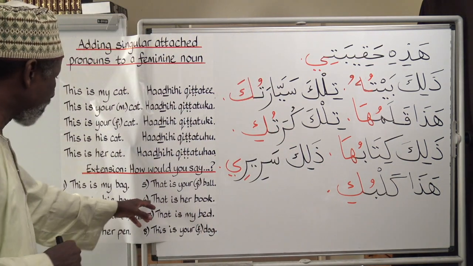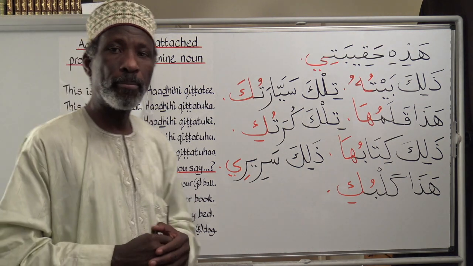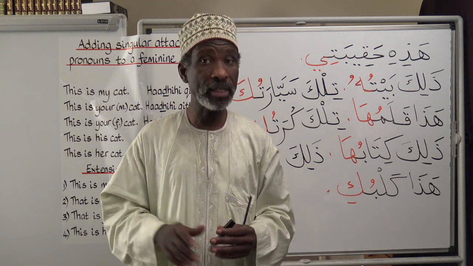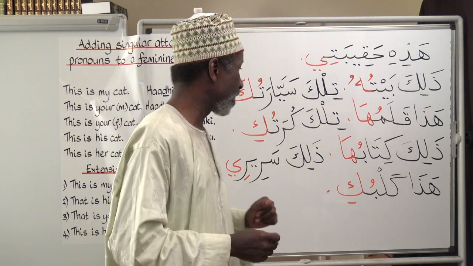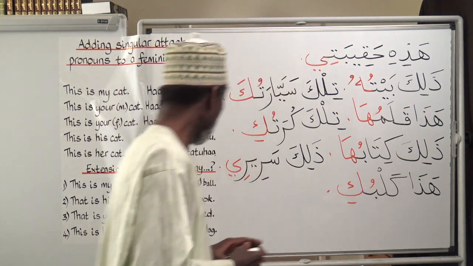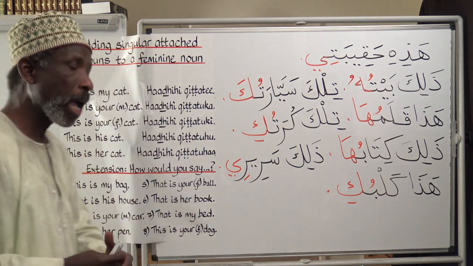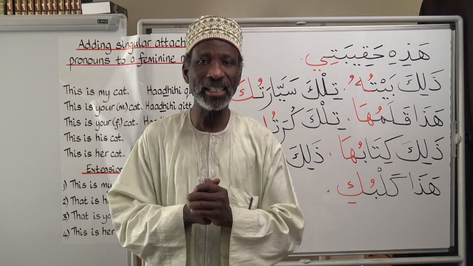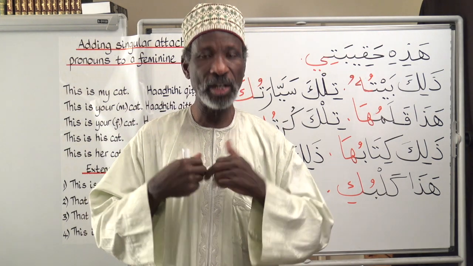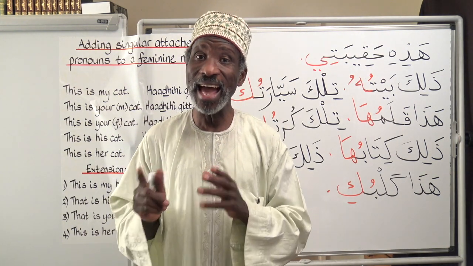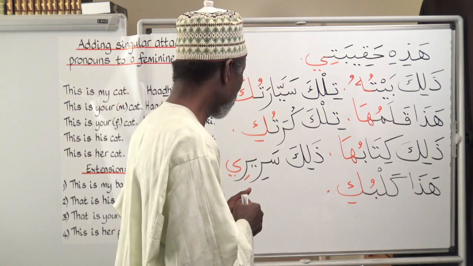Number six, that is her book. Book is kitabun. We say dhalika kitabuha. Number seven, that is my bed. Sarirun is a bed, so sariri, that would be my bed. ذلك سريري.